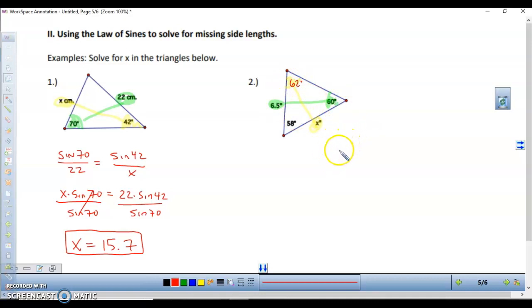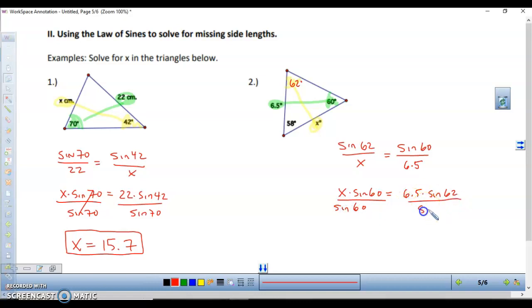So I've got that the sine of 62 degrees over x is equal to the sine of 60 degrees over 6.5. Then I'll cross multiply, and I'll get that x times the sine of 60 is equal to 6.5 times the sine of 62. Then I'll divide both sides by the sine of 60, and I'll get x.